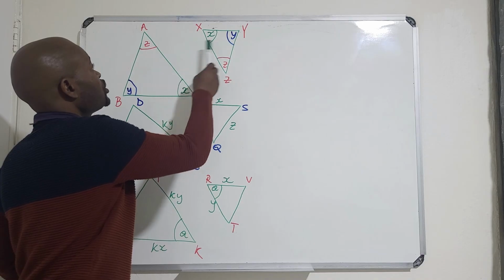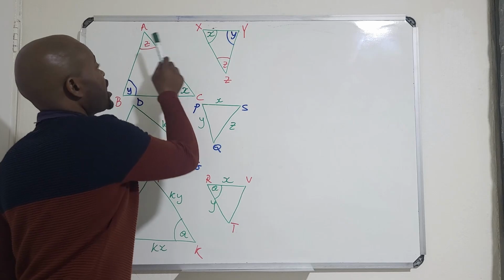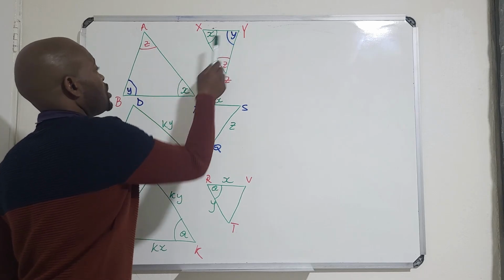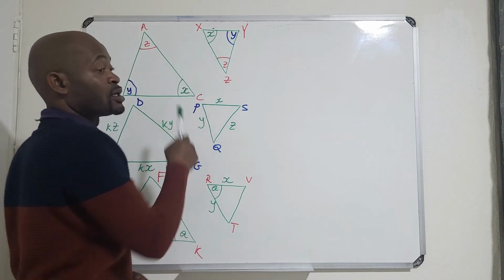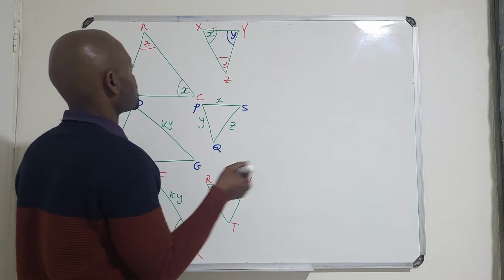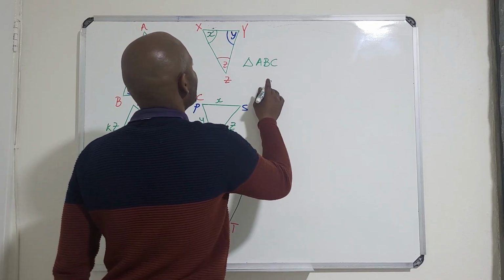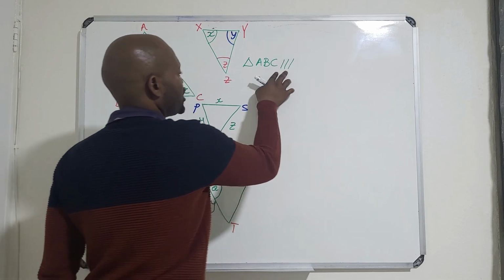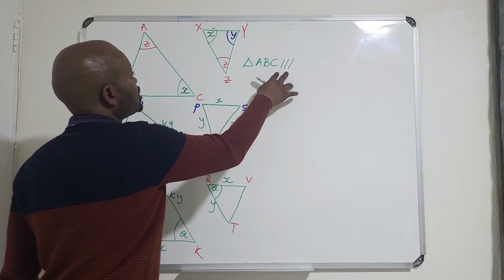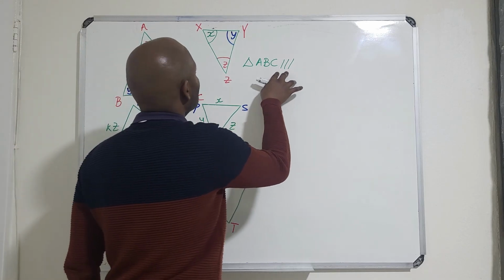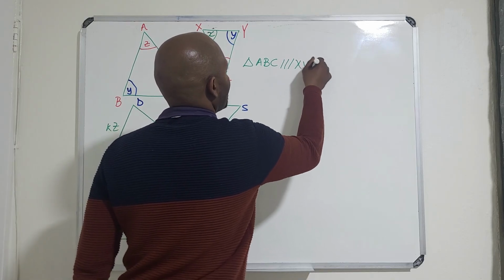As you can see, these two shapes have different sizes, but their corresponding angles are equal: this angle is equal to that angle, this angle is equal to that, this angle is equal to that. Therefore, the two triangles are similar because triangle ABC is similar, this is our sign for similar triangles or similar polygons, to triangle XYZ.